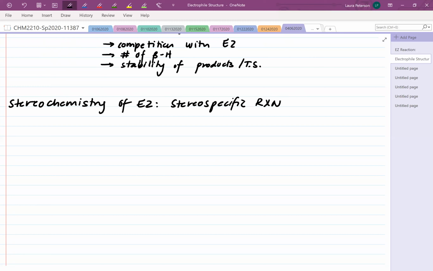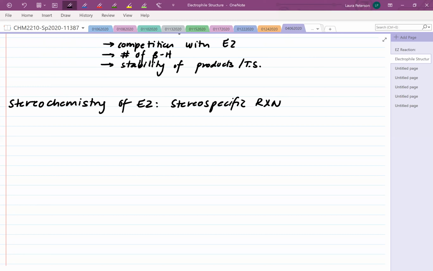So how could a reaction where we're forming an alkene be stereospecific? Here what we're going to see is that if our alpha carbon and our beta carbon are both chiral centers, the absolute configuration of those two chiral centers will determine the E/Z geometry of our product.